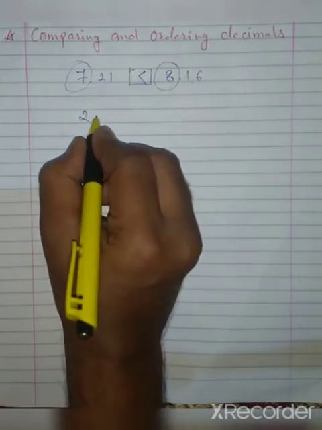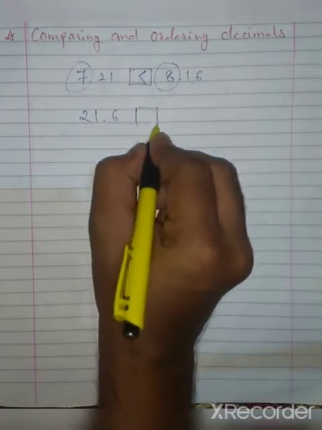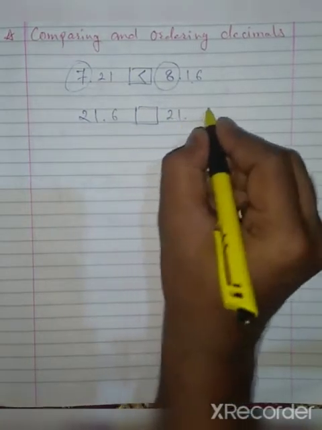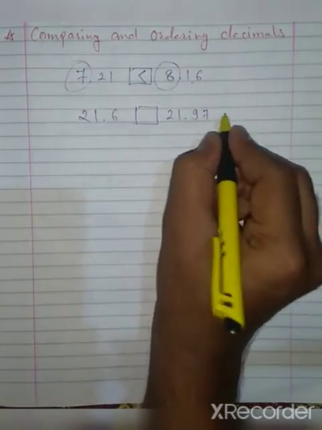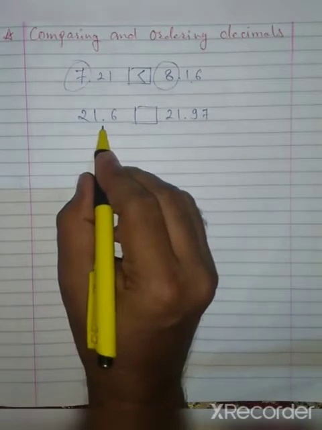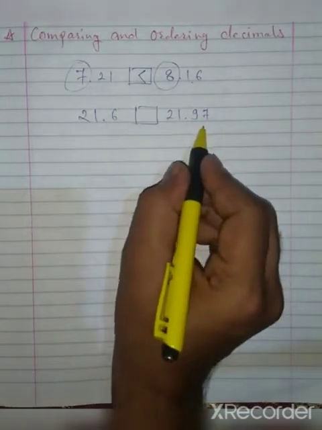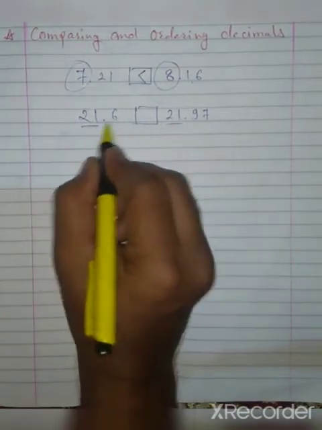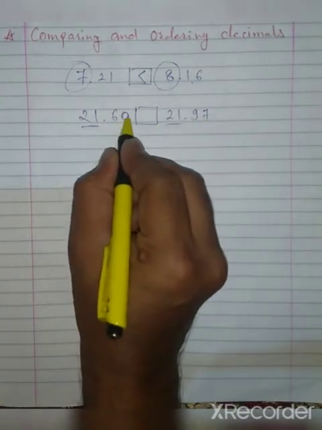Take another one, 21.6, and we have to compare this with 21.97. This is an example of unlike decimals. Convert into like first. The whole number 21 is the same. To convert into like decimals, here 2 decimal places are there, so put 0 here.